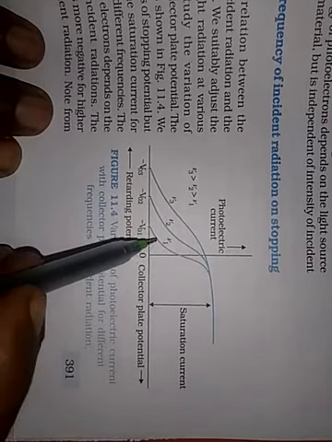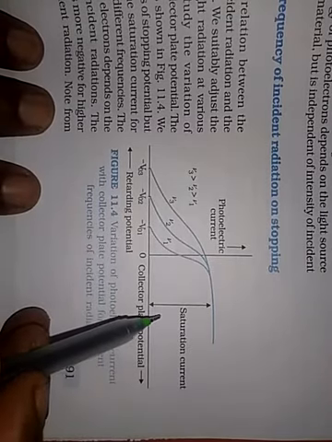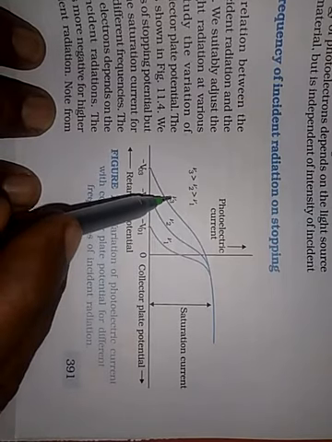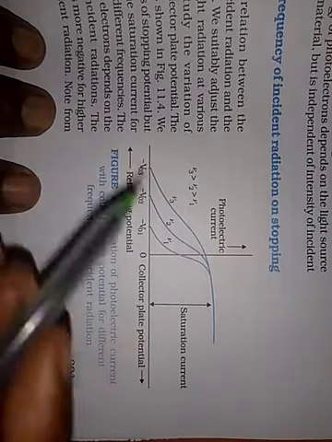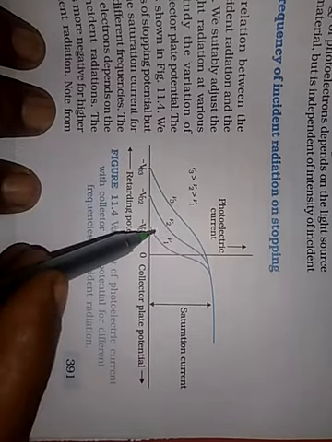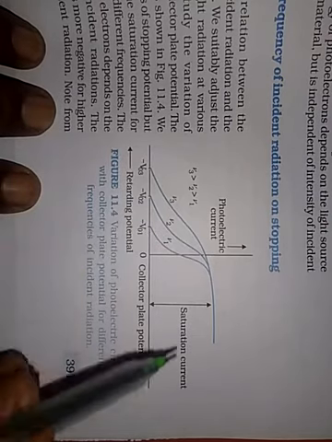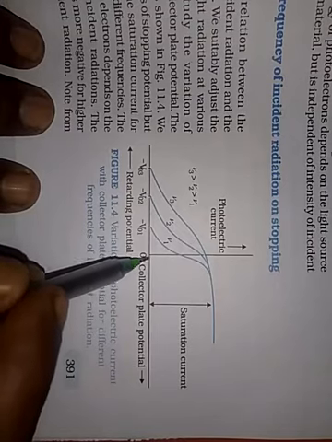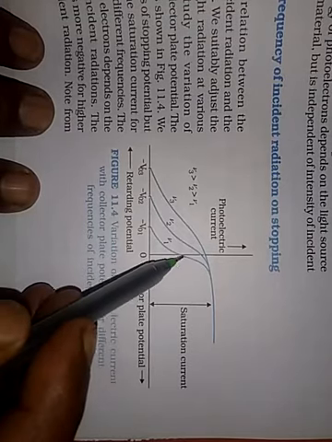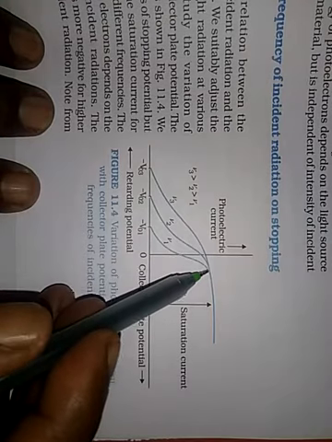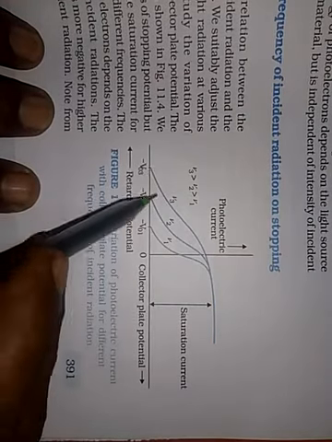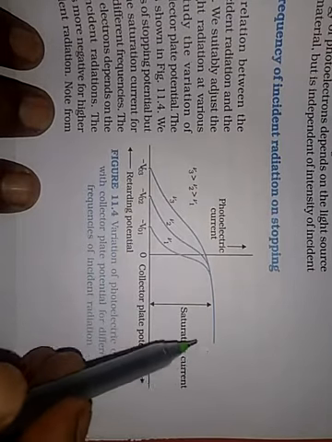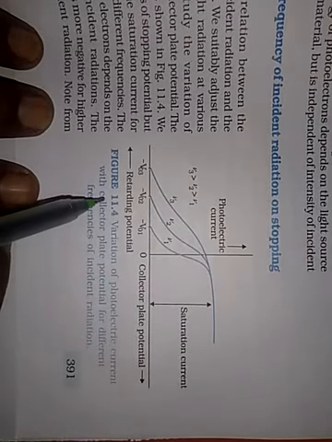Now we are dealing with 3 different frequencies, that is frequency 1, frequency 2 and frequency 3, or in terms of wavelength, lambda 1, lambda 2, lambda 3. If you increase the collector plate potential, there is an increase in the photoelectric current, and all the 3 wavelengths will saturate at one point, and we call this the saturation current.